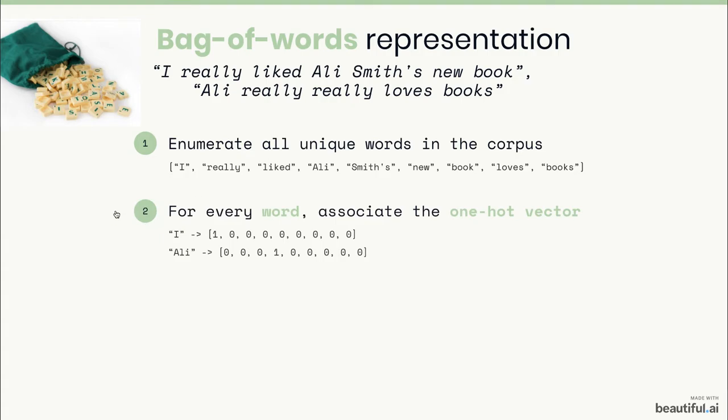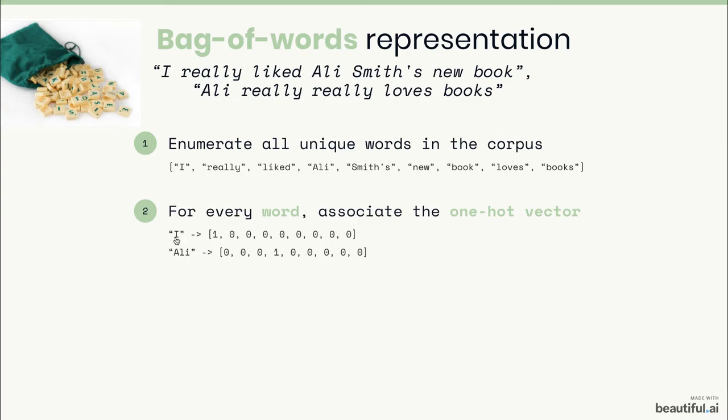Now for every word that we're interested in, so all the words appearing in our corpus, we associate a one hot vector. One hot simply means that to every word we associate a vector which is all zeros except the position the word corresponds to in the vocabulary.